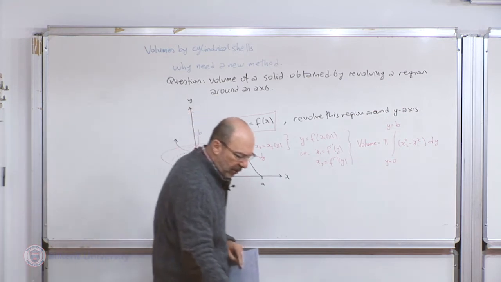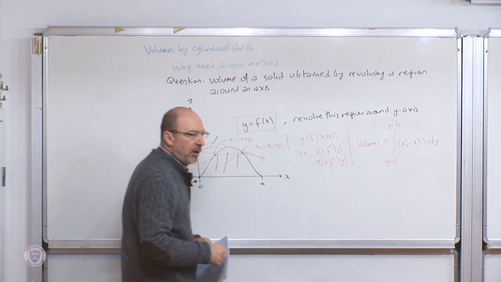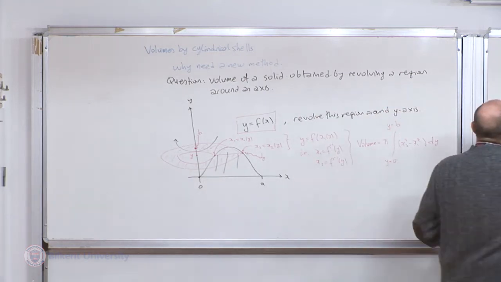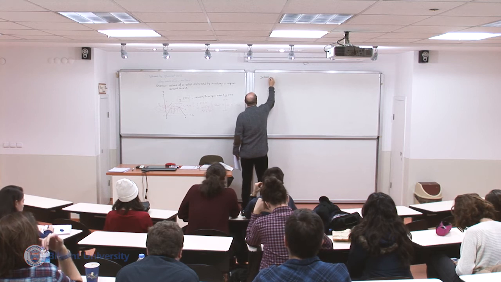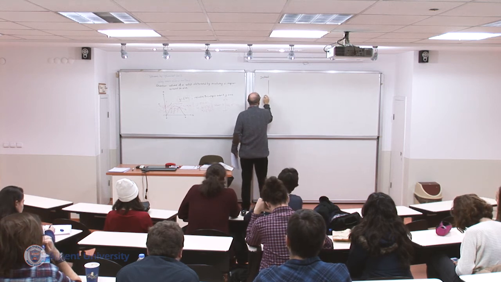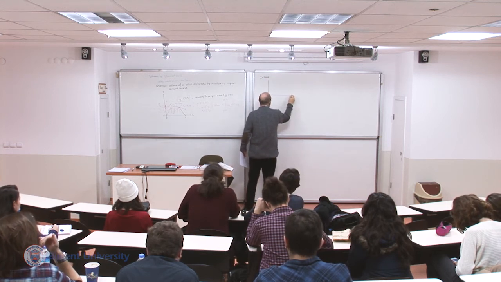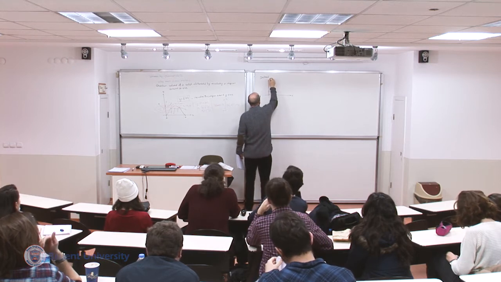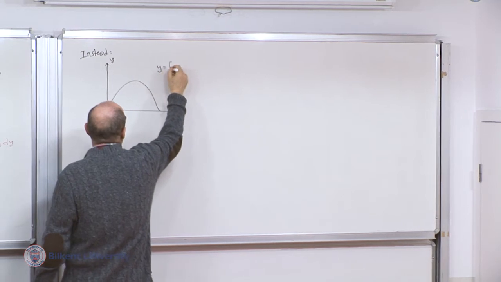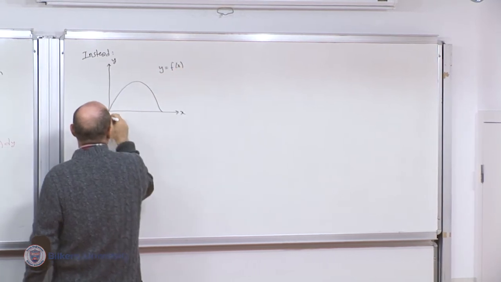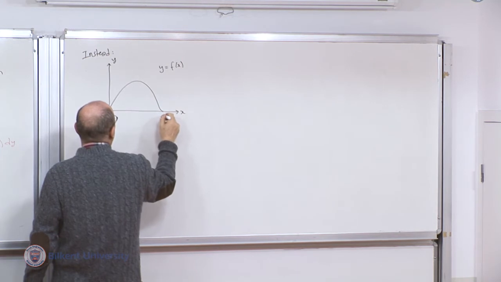So instead, we want to look at the problem from a different point of view. We look at, again, the same setup. So we have this function, y equals f of x. This is 0, this is, say, a.